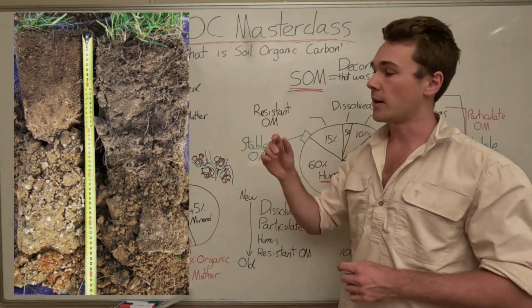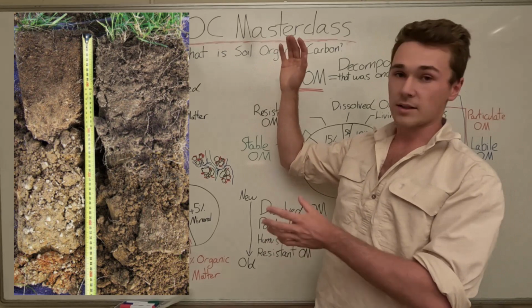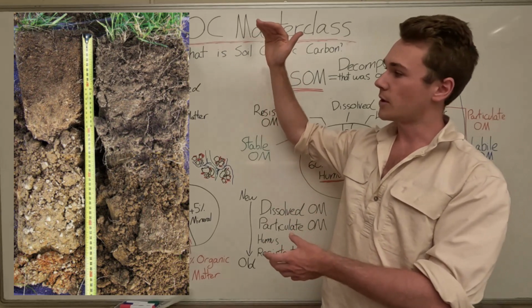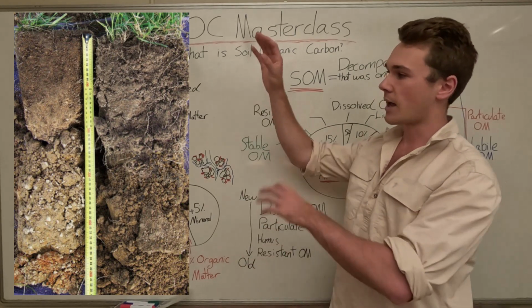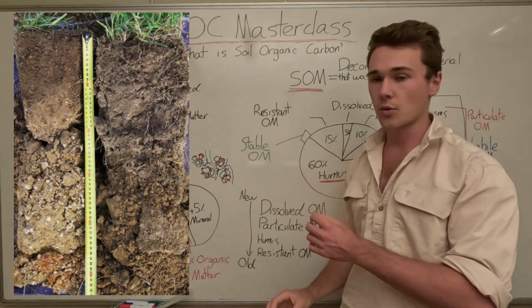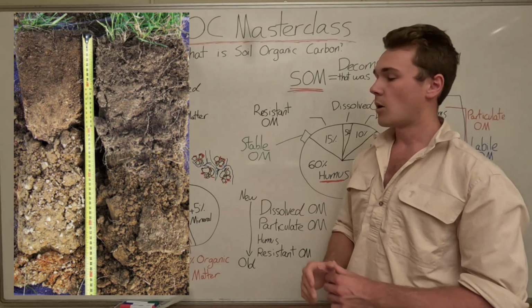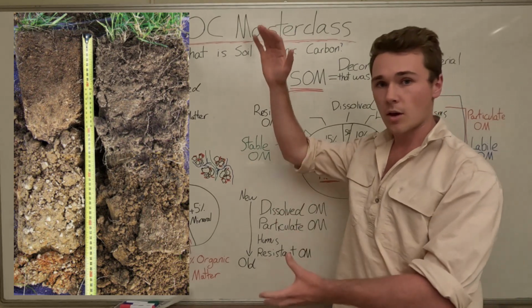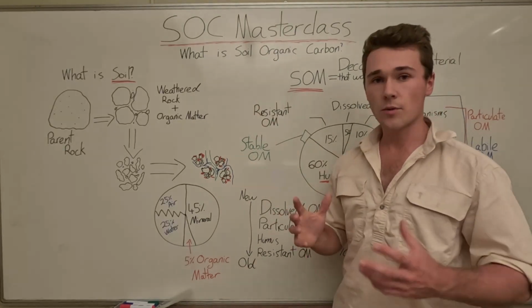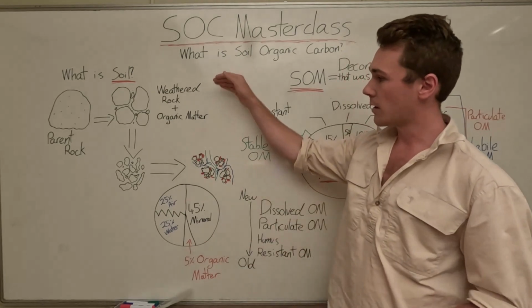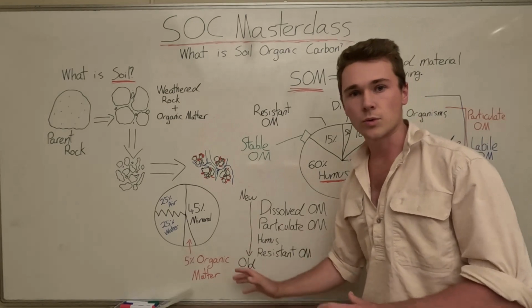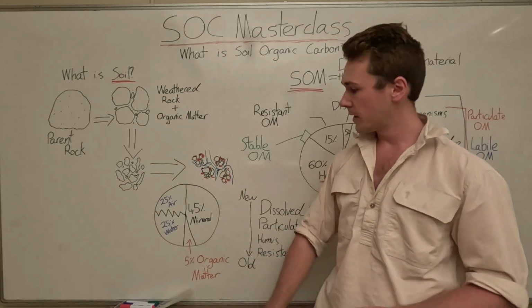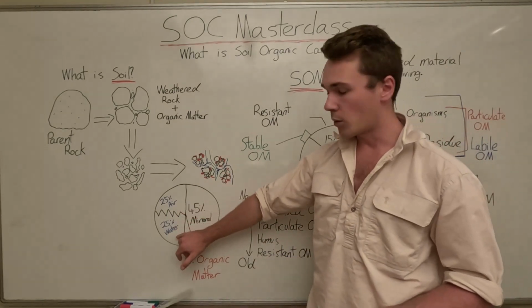On the right-hand side though is basically a regenerative farm, and you can see soil organic carbon has built all the way through the soil profile, and there's really nice aggregation, roots throughout the whole thing, high amounts of soil organic carbon throughout the whole soil profile. So that is soil. It's weathered rock plus organic matter. And so when we think of the whole soil profile and everything that it's made of, there's an air component and a water component.